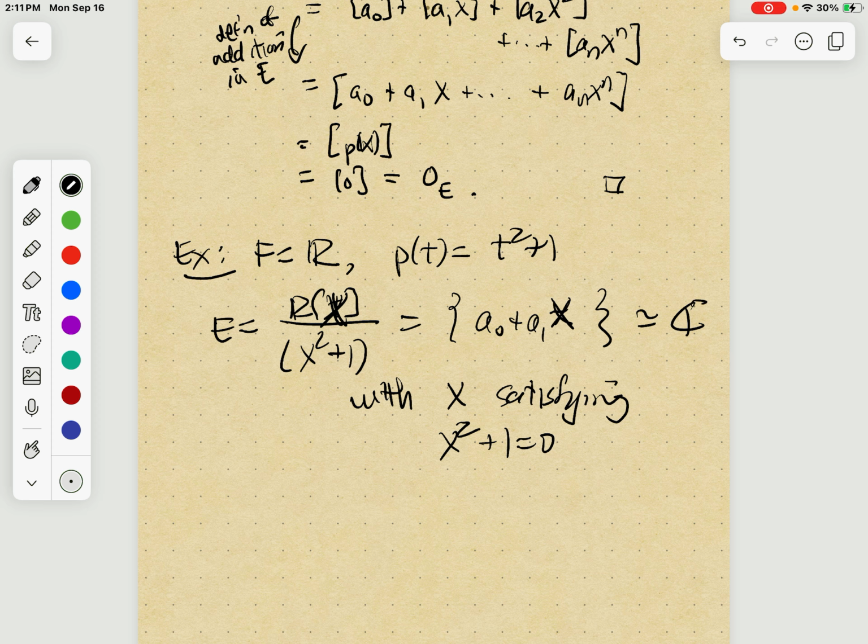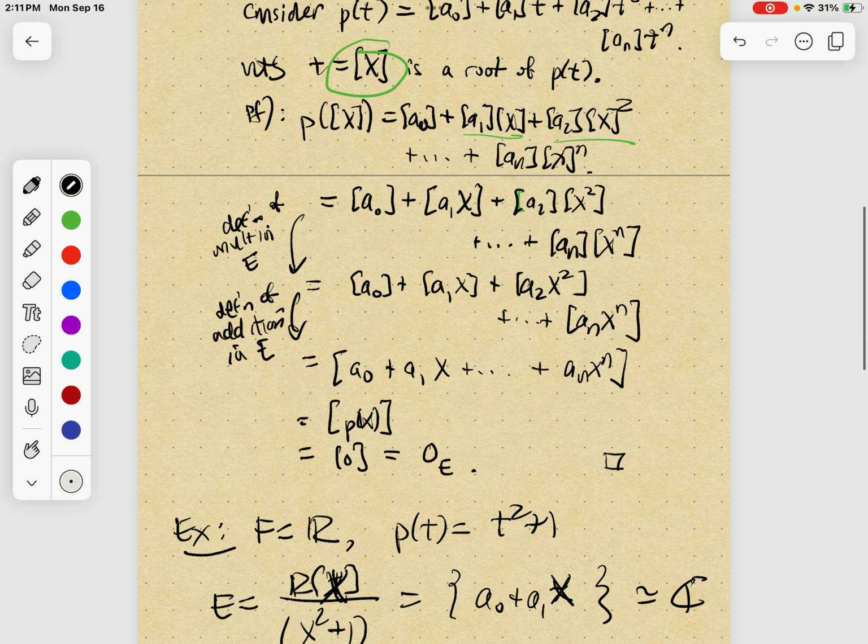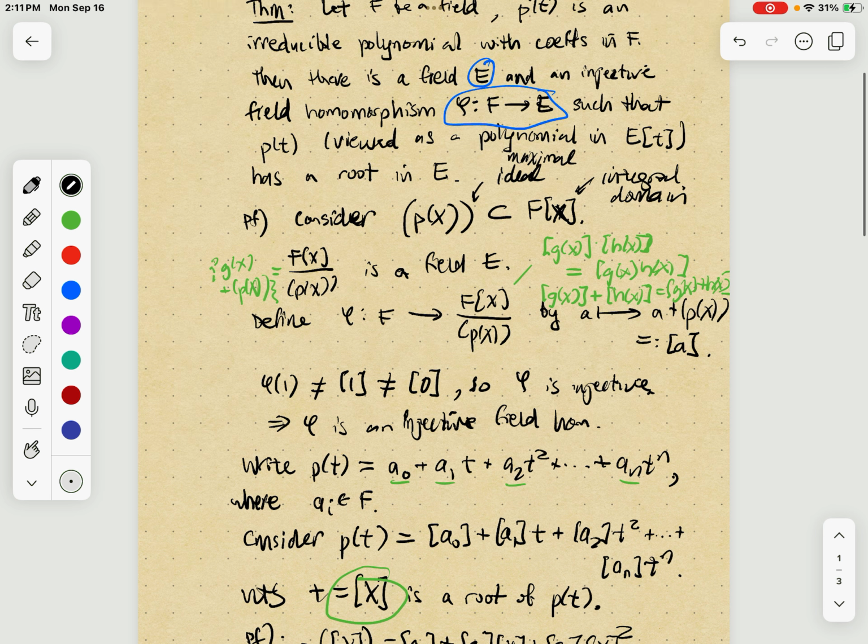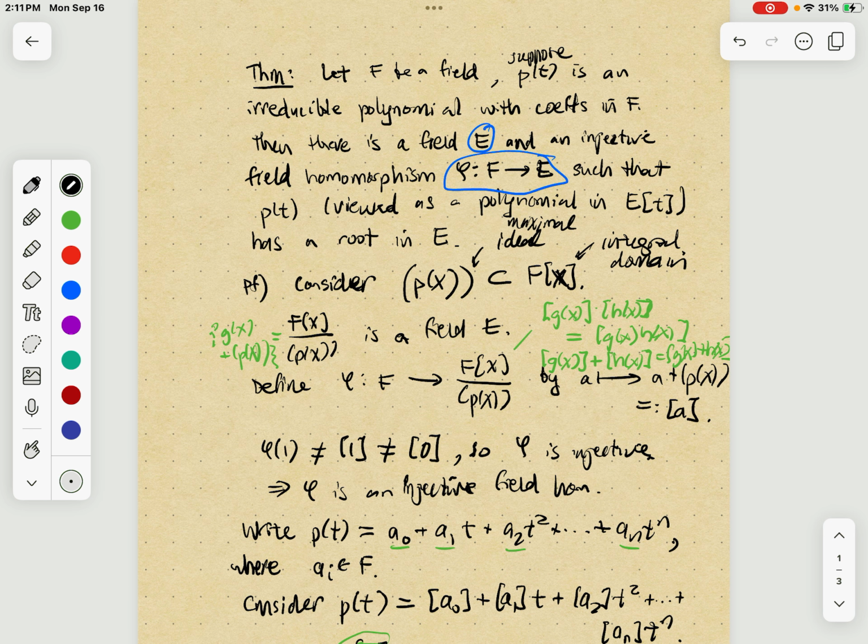And it is in fact true that whenever you have a polynomial with real coefficients, it has a complex root. Let's see, I think I'm being a bit sloppy with the notation here, but this is essentially the idea, to make this construction a bit more concrete. Okay. Okay, thanks for watching.